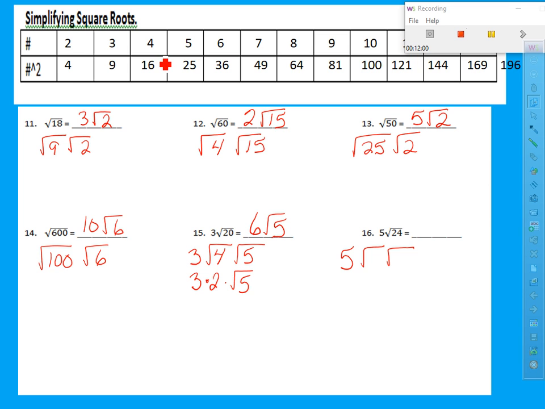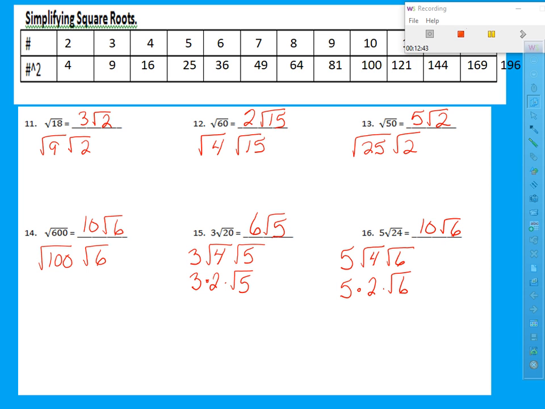In my calculator, I'm going to go 24 divided by 16, ugly decimal. 24 divided by 9, decimal. 24 divided by 4, there we go. So this is the square root of 4 times the square root of 6. Well, this now becomes 5 times the square root of 4 is 2, times the square root of 6. 5 times 2 is 10, square root of 6.